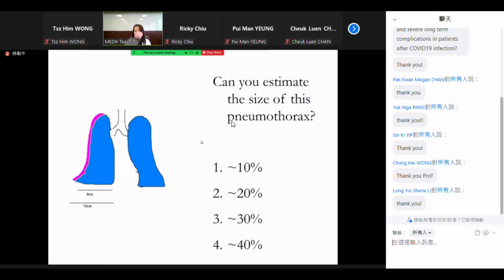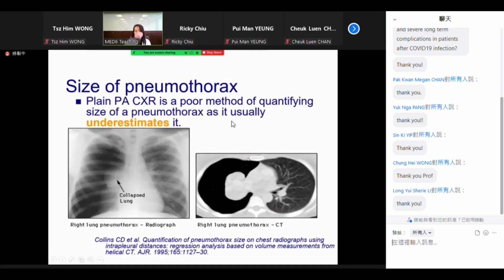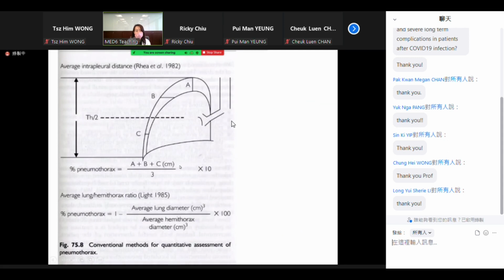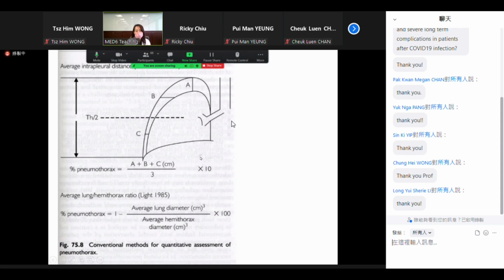Okay, so usually a PA chest X-ray underestimates the pneumothorax. You read it, oh, it's a 1 cm rim only. You think it's very small, but when you look at the CT, the volume is underestimated. So this is the formula for estimating the volume percentage of pneumothorax, but I don't think you need to really know the formula.